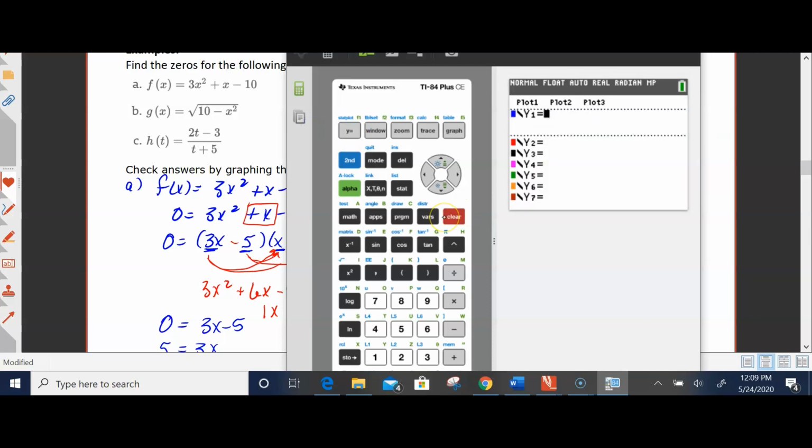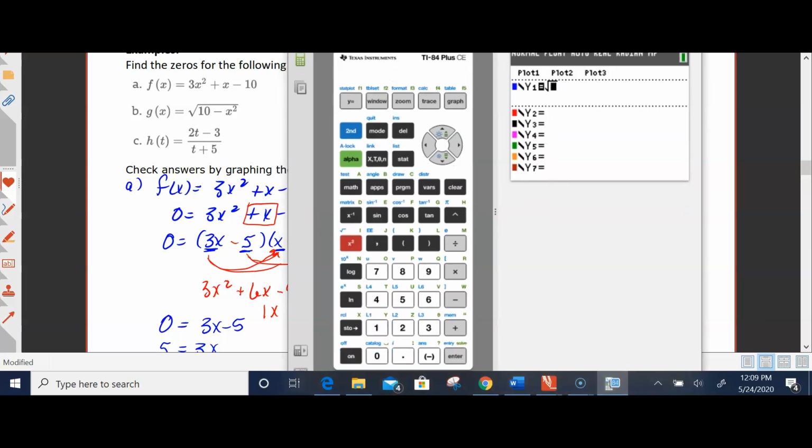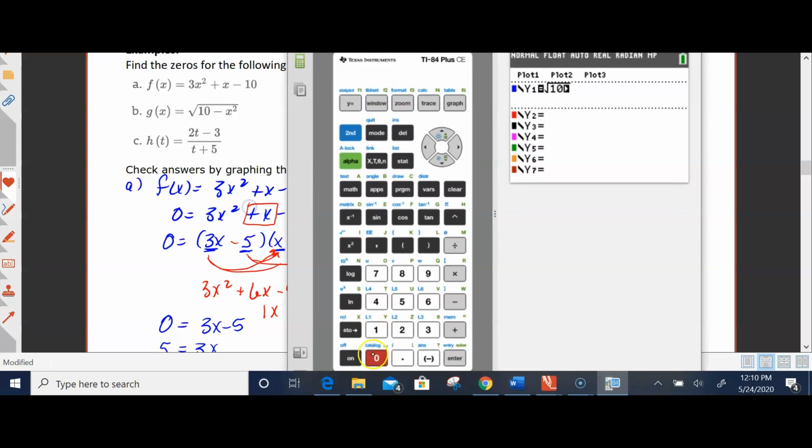So let's graph the other one. Let's clear this one out, and we're going to do second x squared to get the square root. And I'm going to type in 10 minus x, and I'll just use the x squared button. Now, if your calculator doesn't show you that elongated square root symbol, you're going to have to type in parentheses.